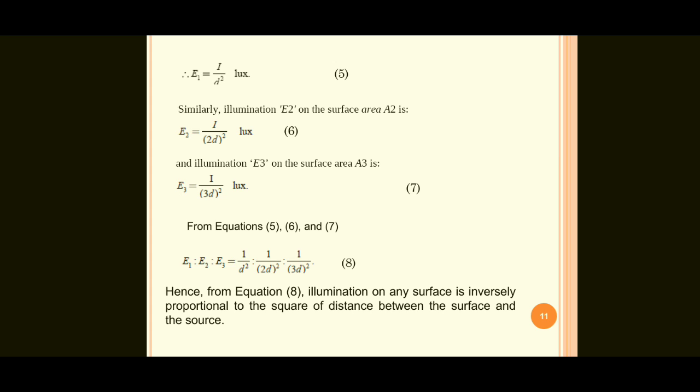Next one, mean hemispherical candle power: the candle power of source in all directions above or below the horizontal plane. So the reduction factor is the mean spherical candle power to mean hemispherical candle power.